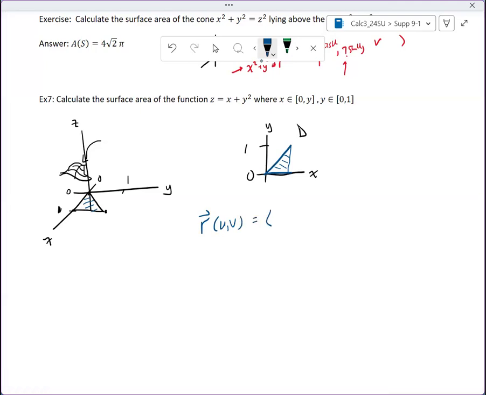And remember, if we want to parameterize a surface that's given by a function, we just pick x equals u, y equals v, and then z is the same function with x and y swapped for u and v. So u plus v squared. This is a parameterization of my surface.